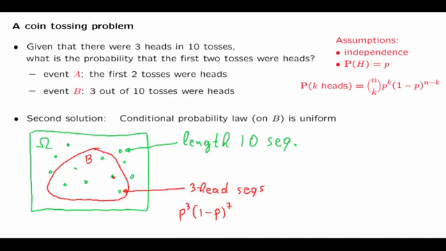Since we have a uniform probability law, this means that we can now answer probability questions by just counting. We're interested in the probability of a certain event A, given that B occurred.